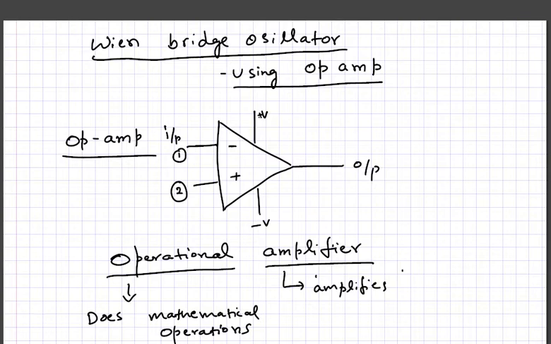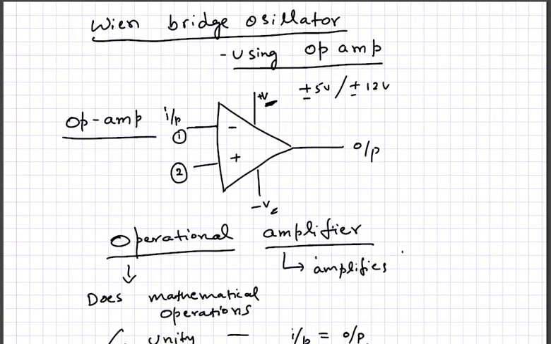It requires a battery, usually plus and minus 5 volts or plus or minus 12 volts. You need plus here at the top and minus at the bottom. I will explain it to you with an IC later, putting an IC in a circuit. Then the output, you get the output here.